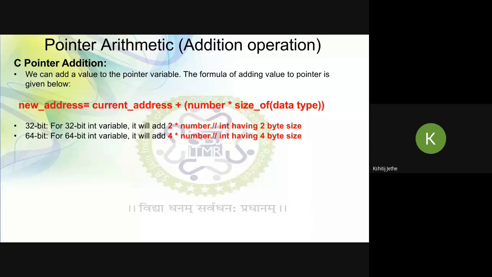If it is integer, multiply by 4 bytes for a 64-bit operating system, by 2 bytes for a 32-bit operating system, and if character, multiply by 1, because the size depends on the data type.